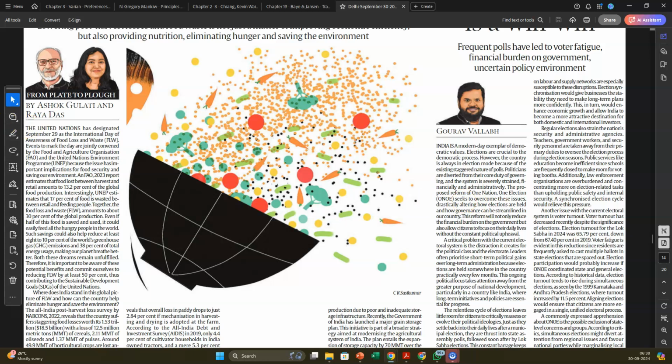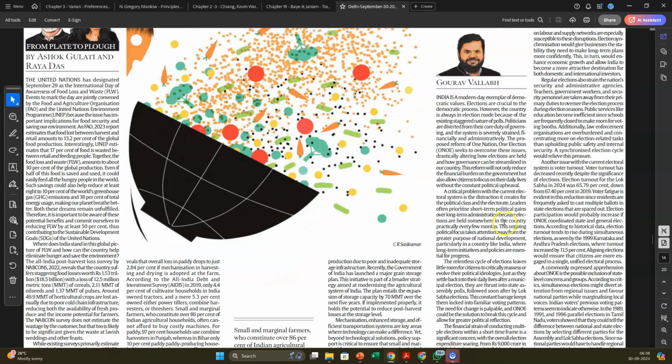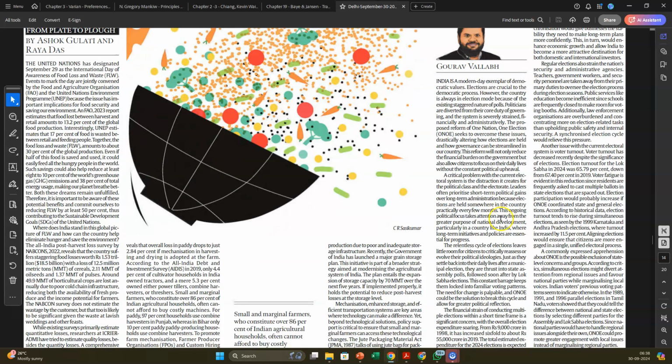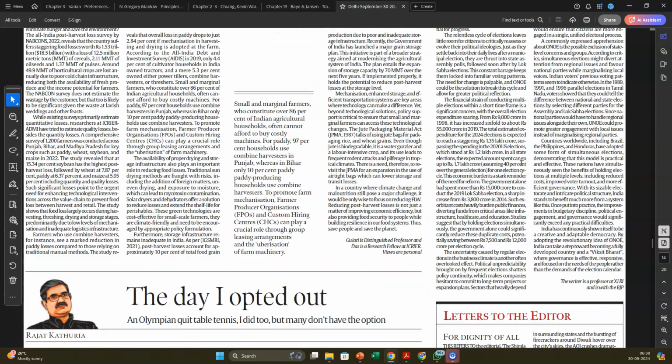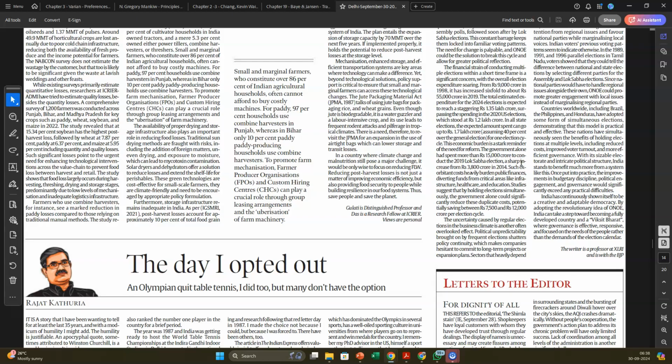Then voter fatigue is there because elections happen again and again, and there are certain countries which already have simultaneous elections, like Sweden, Indonesia, and South Africa. We have our own federal challenges, but the author talks about the fact that the benefits outweigh the challenges.